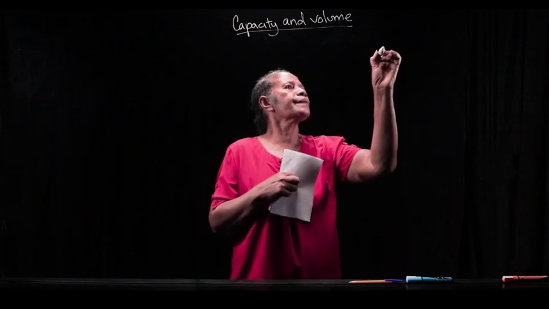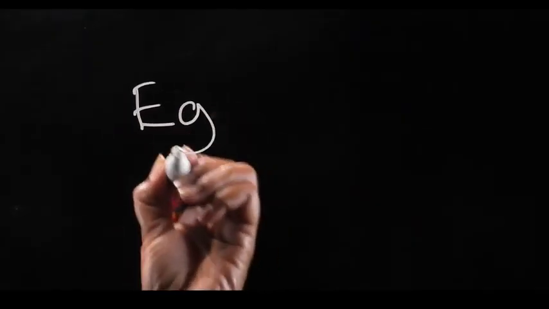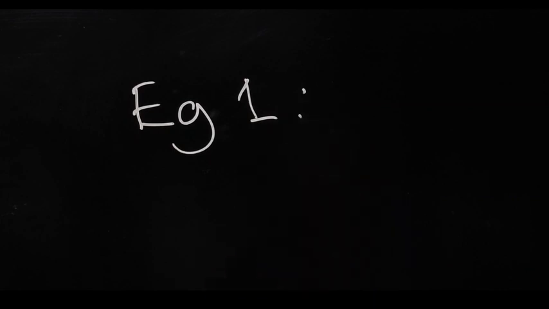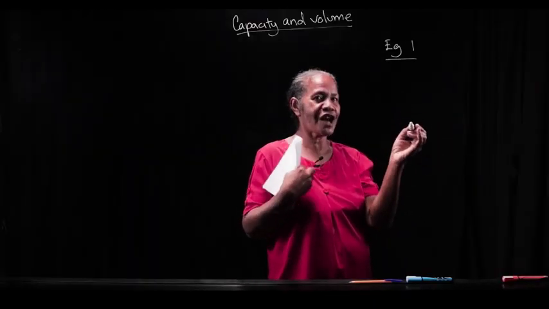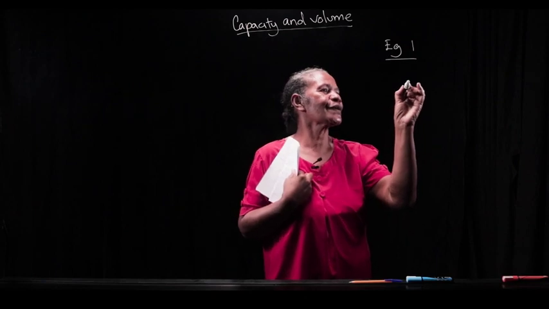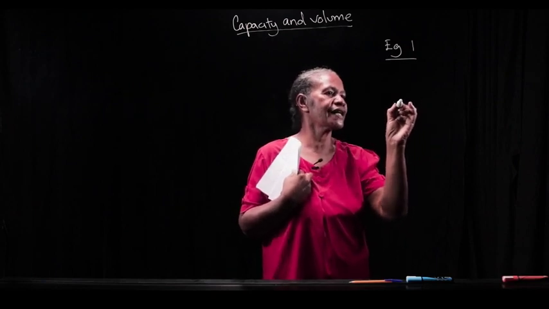For example number 1, we're going to look at a fuel tank, which I will draw as a rectangular prism or cuboid. Bear with me with my drawing; I will try my best.